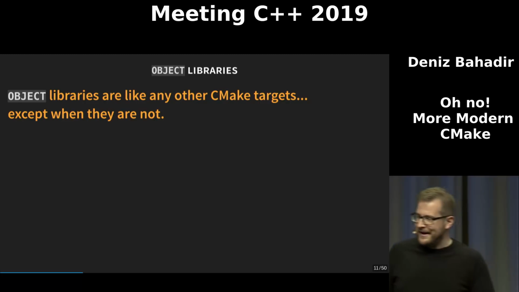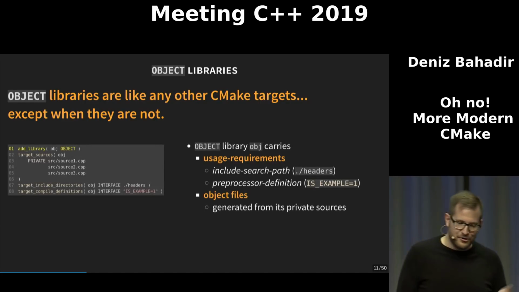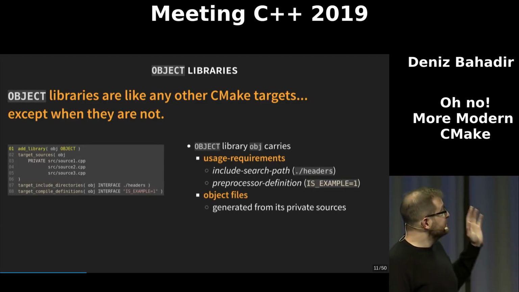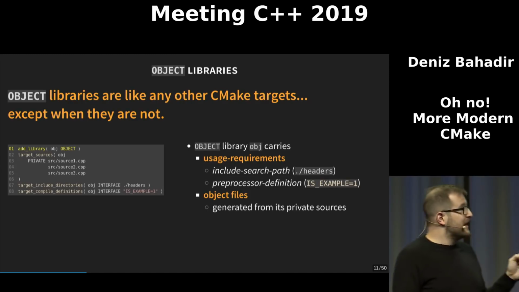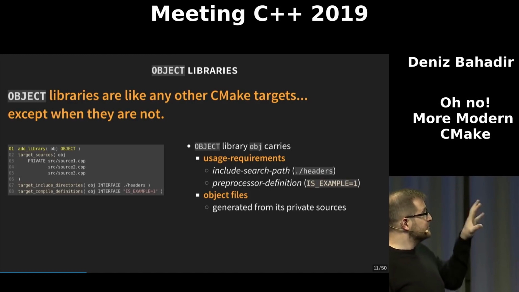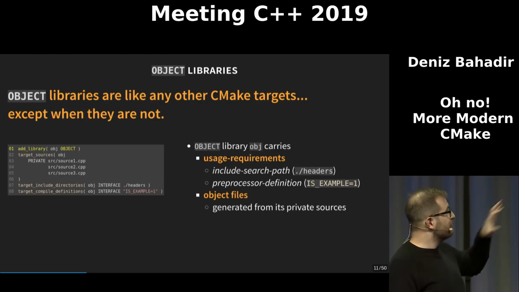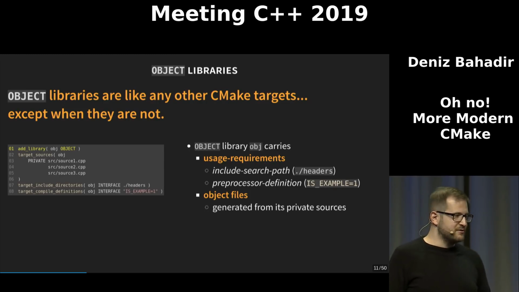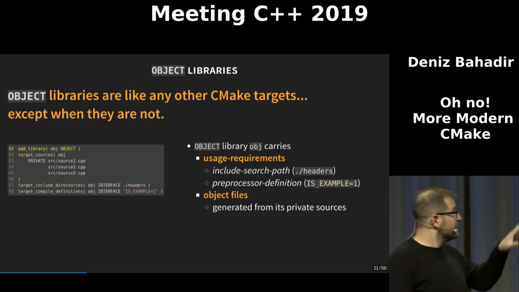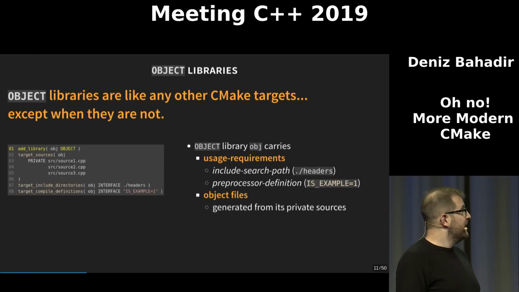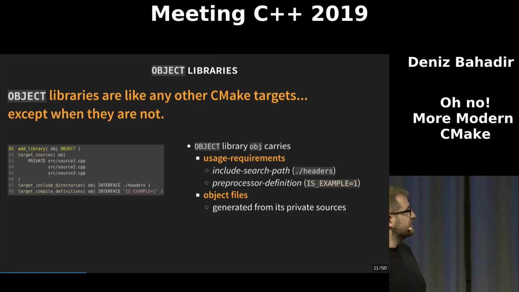And that's how I had to implement it. To see it here, if you declare an object library, you do it with the add_library command, using the keyword OBJECT there. Of course, adding the sources using the target_sources command. Maybe also some other usage requirements here, like the include search directory or some preprocessor definitions.